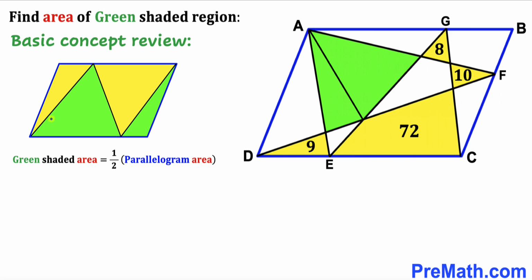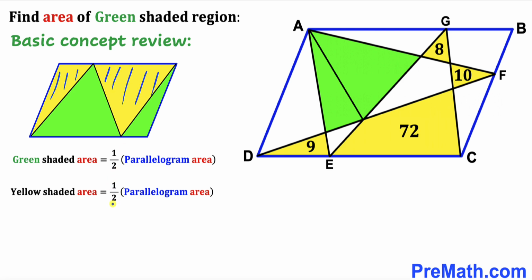Then we conclude that the sum of these 2 green shaded triangles is going to be equal to the half of this whole parallelogram area. And likewise, the sum of these 2 yellow shaded triangles' area is going to be equal to the half of this whole parallelogram area as well.